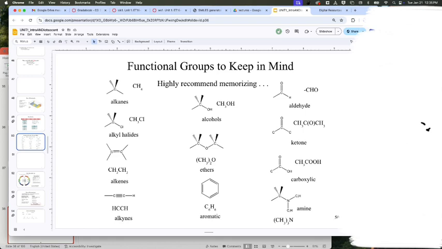What you're seeing here are all the functional groups that I think you should memorize, or have memorized. The problem with that is I don't know how well that's going to match the quiz system. Because the quiz system will probably ask a whole bunch of other functional groups because there's a whole lot more than what's on here.